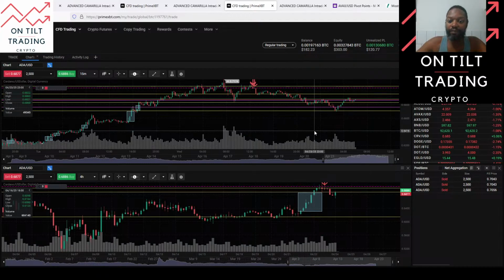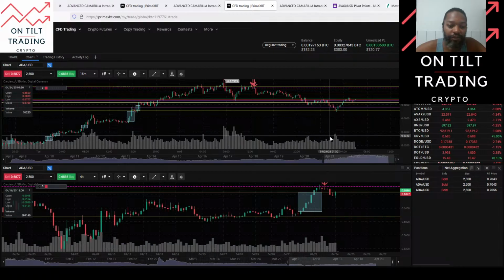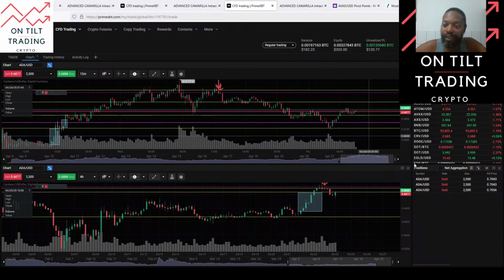So I'm still in that position and may potentially add to that position today with a new position, and likely the same target, just picking up from a different Camarilla pivot level. But I'll walk you through what I've seen this morning.